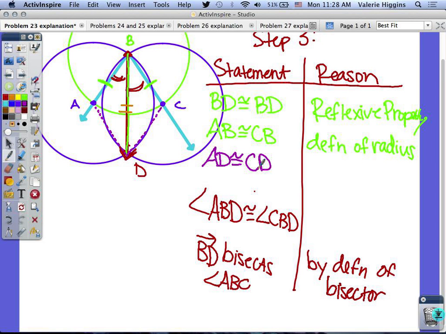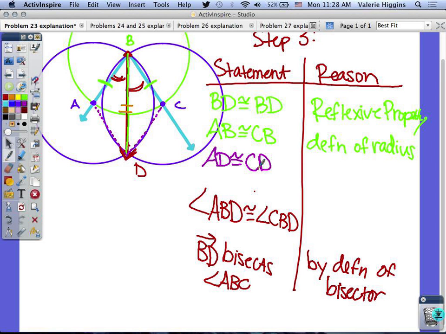Because the point intersects on both circles. Circle A has a specific radius. Circle C has the exact same radius, right? AD is a radius of circle A. CD is a radius of circle C. Since the circles have the same radii, then these two segments are congruent.